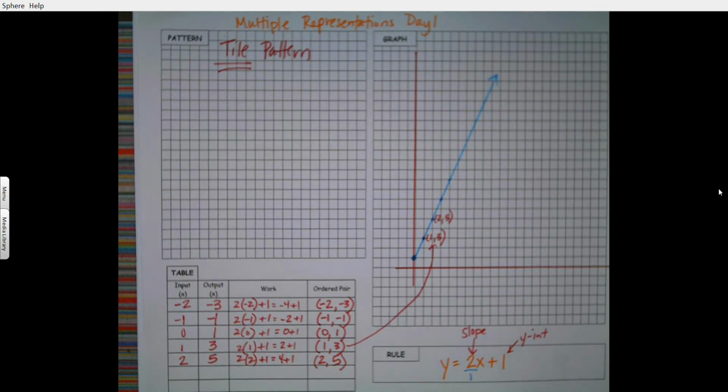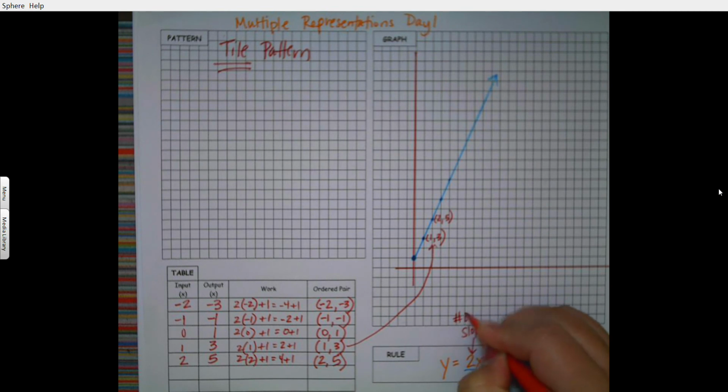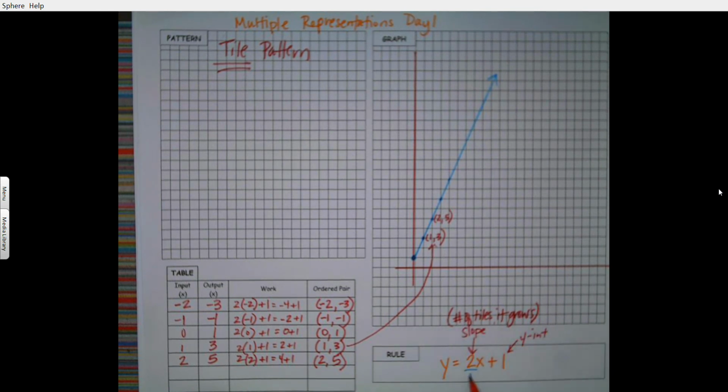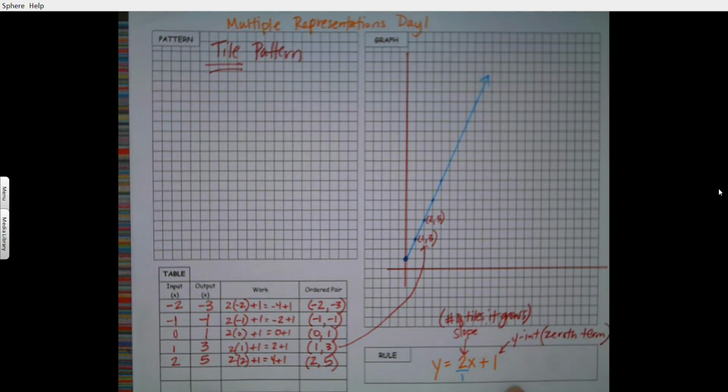What we have to remember is the slope in tile pattern talk is the number of tiles it grows by. So in tile pattern talk, it's going to grow by 2 tiles. The y-intercept in tile pattern talk is the 0th term. So the 0th term is going to have 1 tile, and then I'm going to grow by 2 tiles.